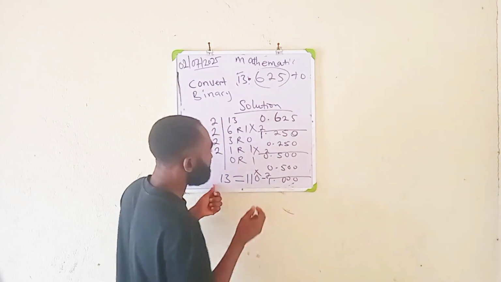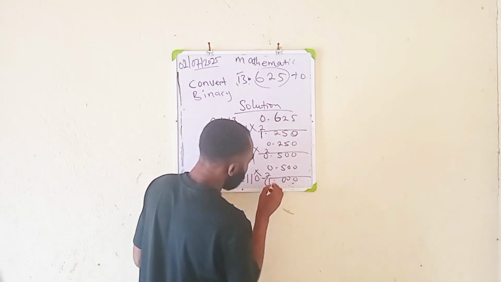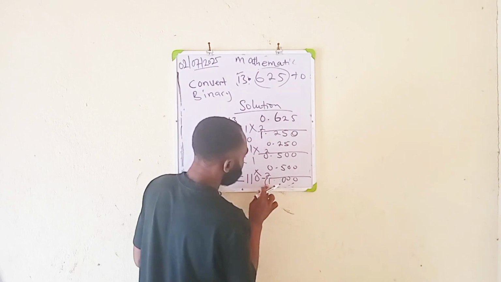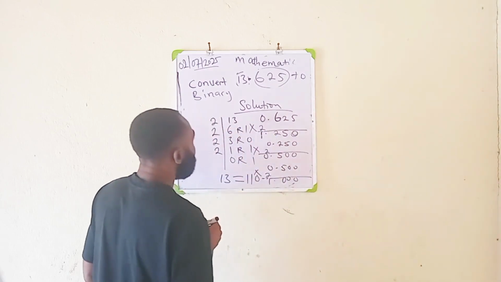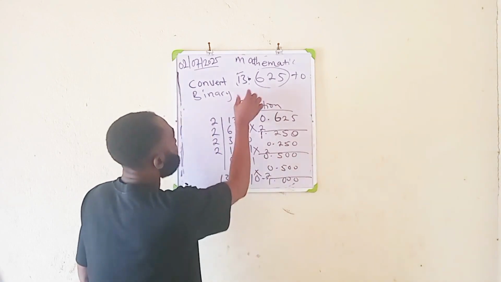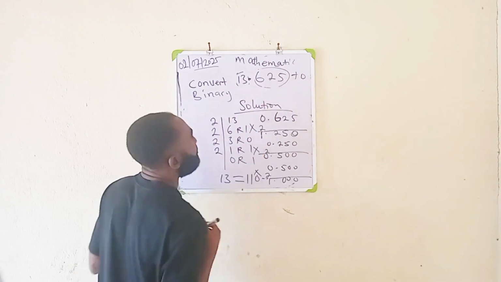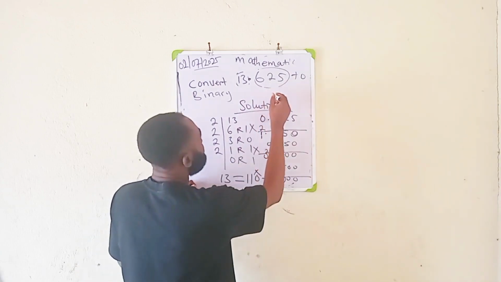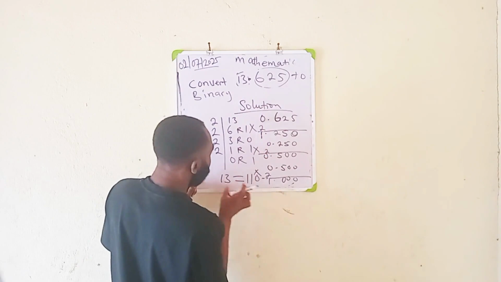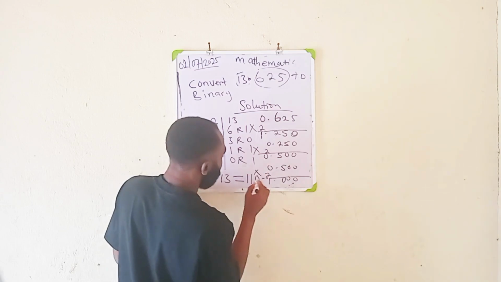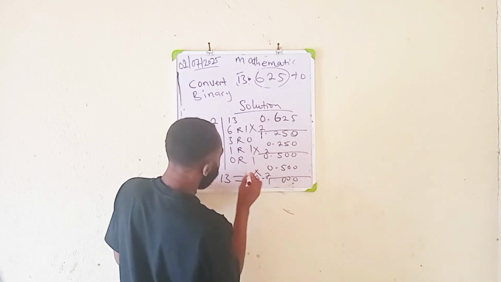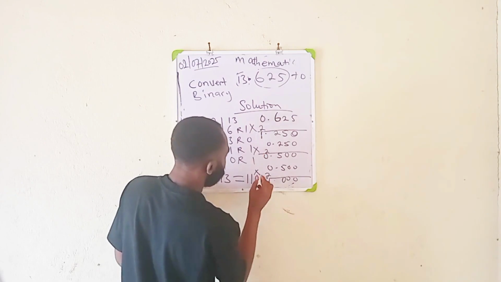So our answer for the fractional part is 1, 0, 1. Converting 13.625, when we converted the whole part, which is 13, we have 1101.